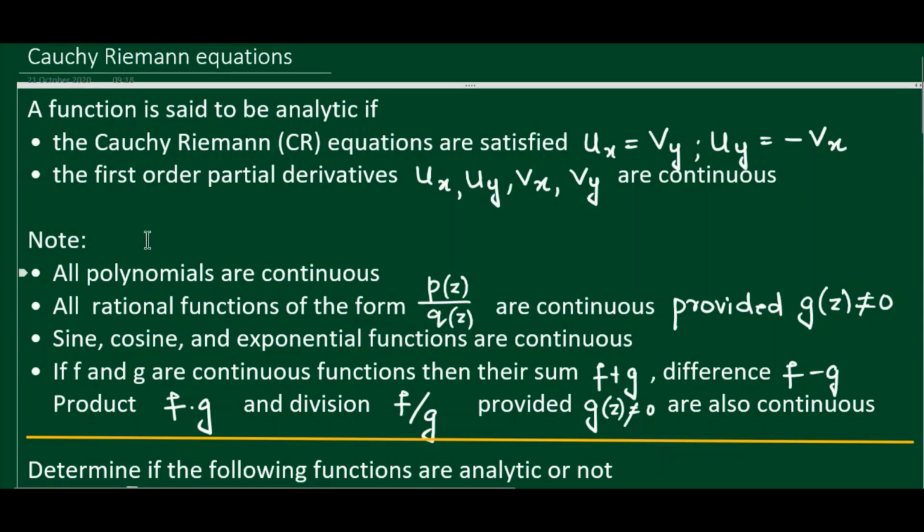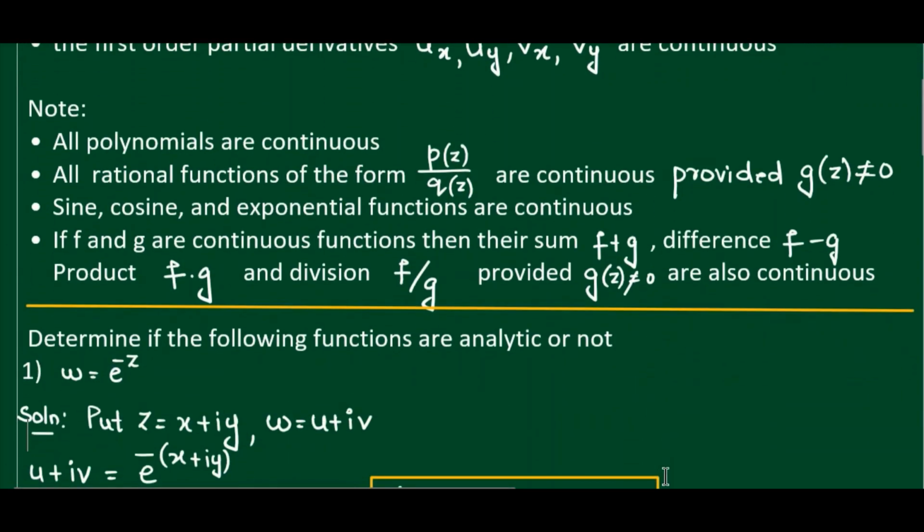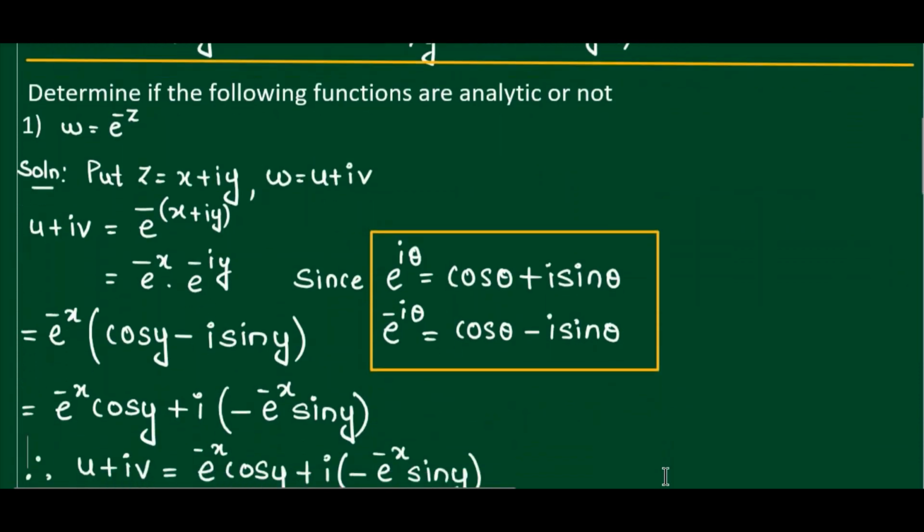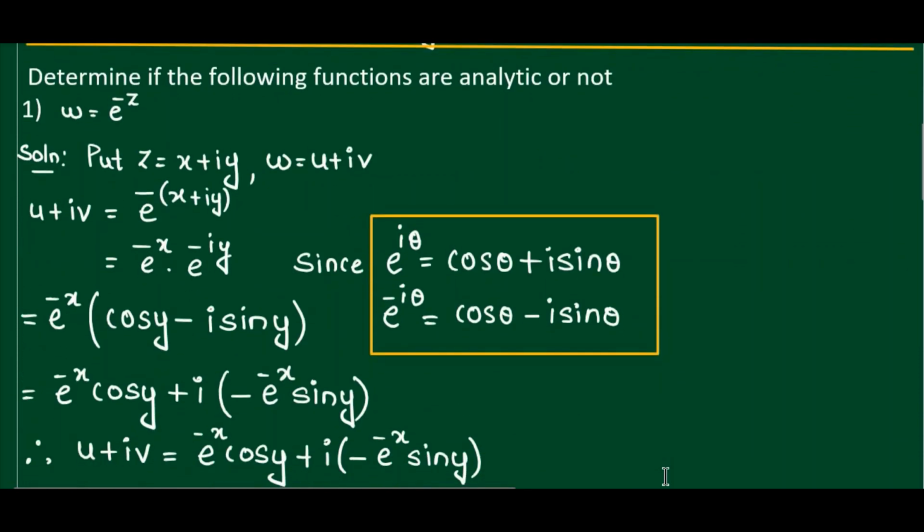Now, considering these points, let us discuss a few problems. Determine if the following functions are analytic or not. w equal to e raised to minus z. Put z equal to x plus iy and w equal to u plus iv in this equation, and find u and v after substituting, and make a note of these identities. e raised to minus i theta can be written as cos theta minus i sin theta.